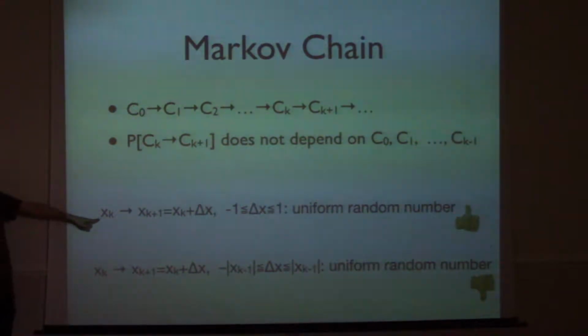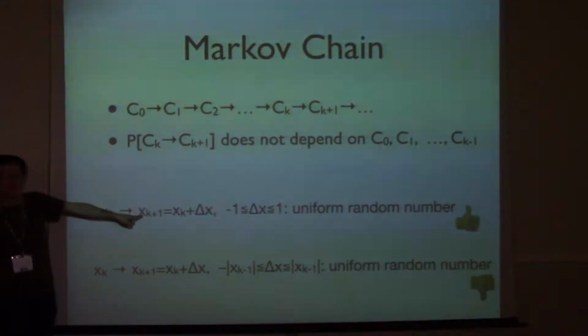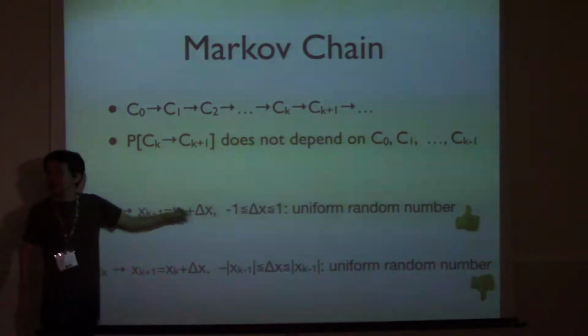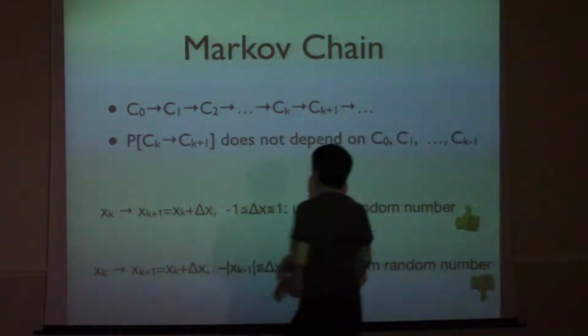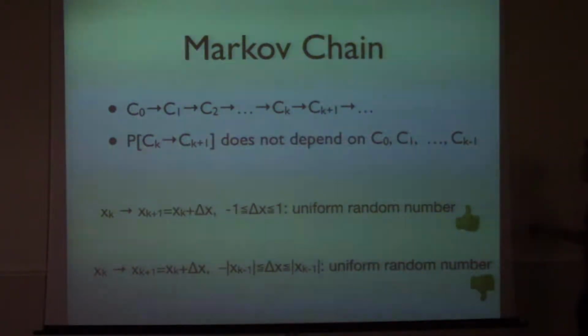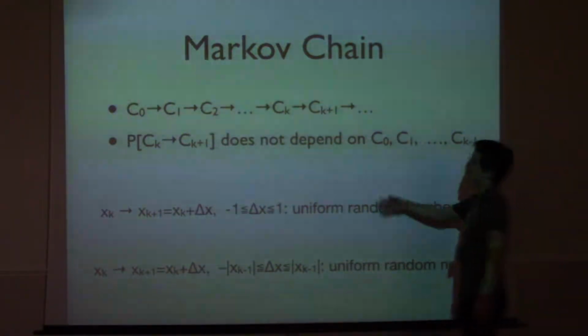From xk, we have to make xk plus 1 by slightly changing xk. Imagine we add some random number, chosen from this range, taking delta x to be a uniform random number. It's perfectly fine, because this process does not refer to previous history.